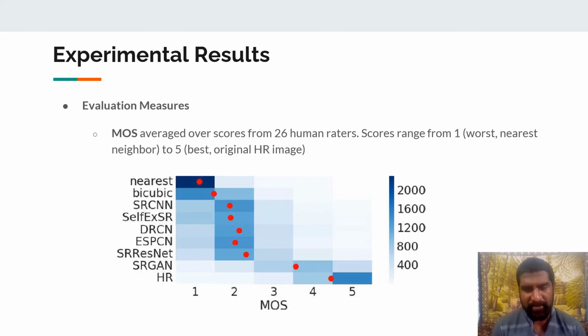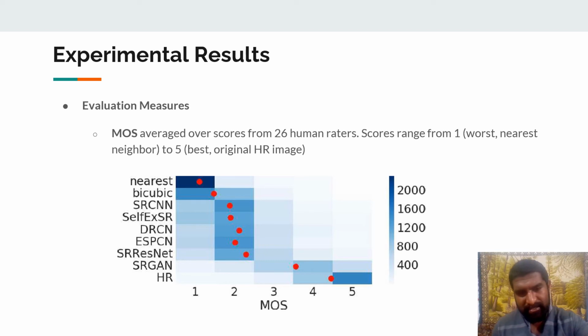As I explained to you in the initial slides, they have also performed a mean opinion score, and this was done with 226 human raters, who were asked to rate these images from 1 to 5, where 1 represents the worst and 5 represents the best. And as you can see through this diagram, the SRGAN has received a rating which is almost identical to the original HR image.